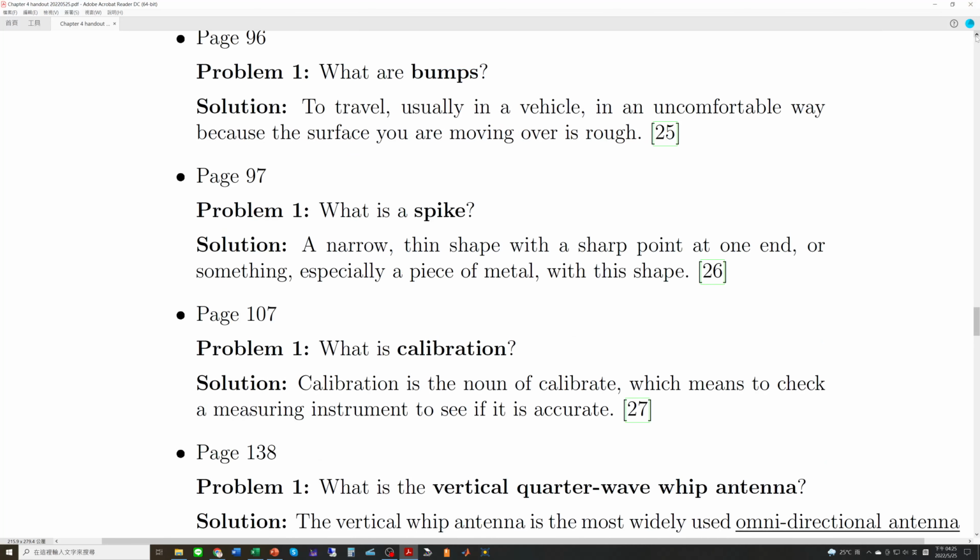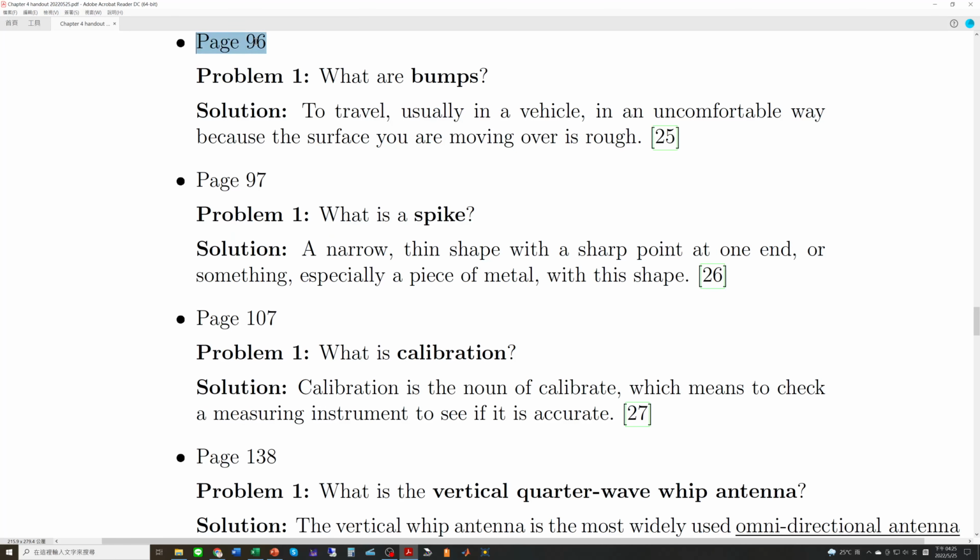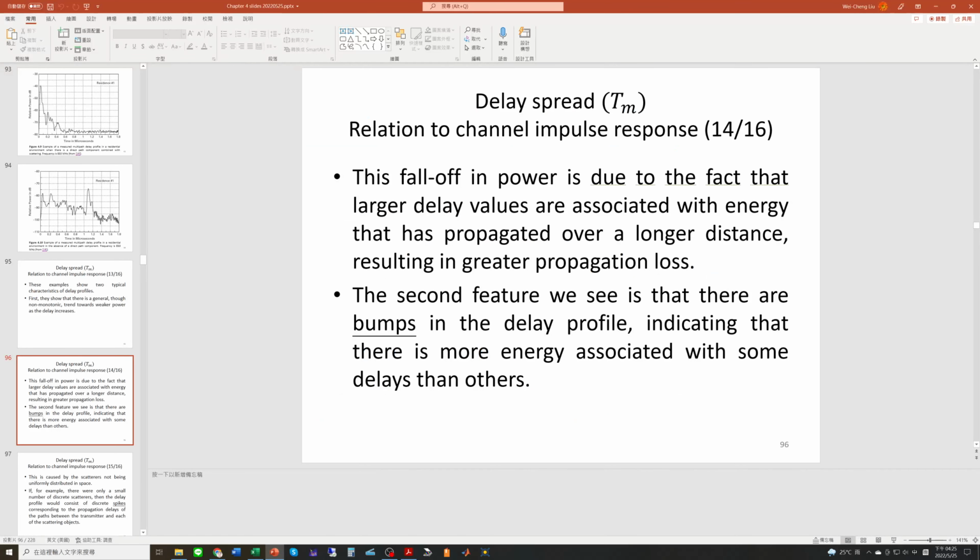This is page 96, problem 1. What are bumps? Solution: to travel, usually in a vehicle, in an uncomfortable way, because the surface you are moving over is rough. Okay, bumps in the delay profile.